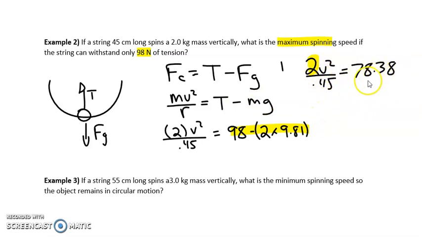When you multiply by 0.45 and divide by 2, you wind up with that v squared being 17.6. And square rooting that, you find that it's 4.2 meters per second.